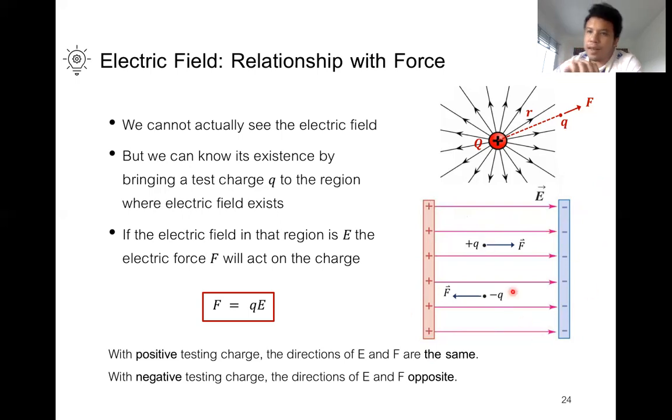So we have the electric field in the right hand side direction. With a positive test charge like this, the direction of E, the field, and F, the force, will be the same. But with a negative charge, minus Q, E and F will be in opposite directions. So this is another thing to know.